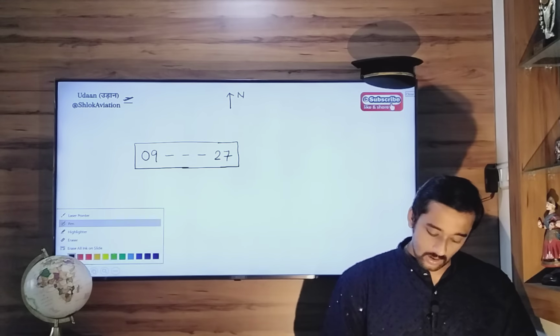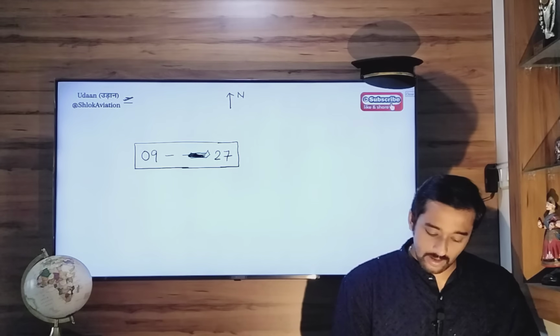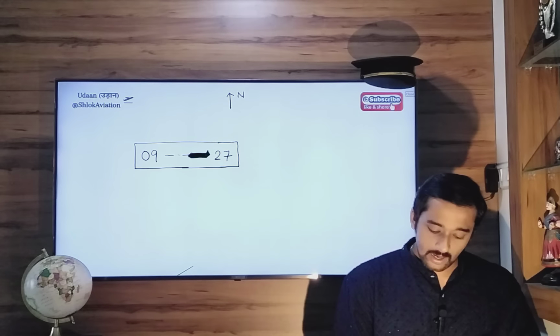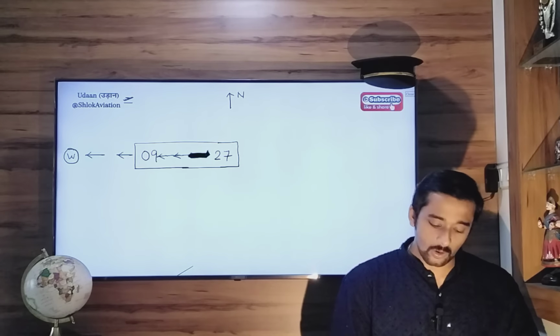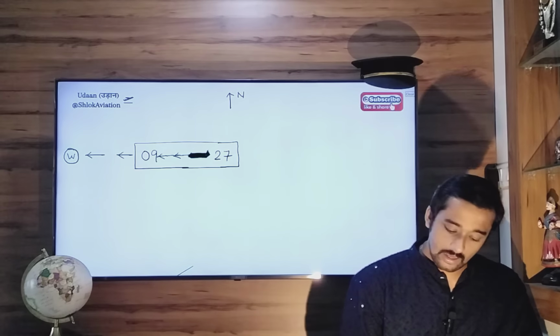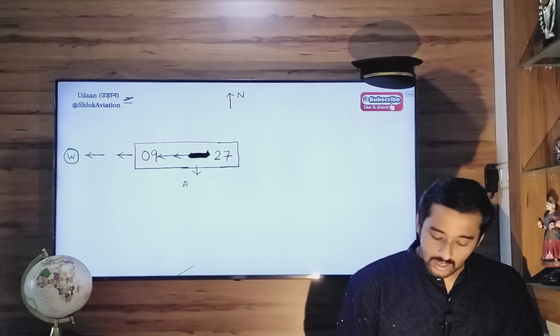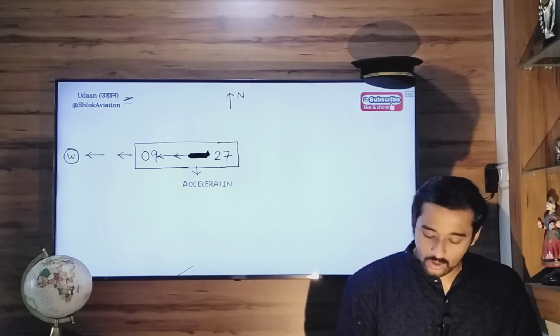So when you take off from runway 27, you will take off from here and go in the westerly direction. Now the most important part of a takeoff is accelerating your aircraft.